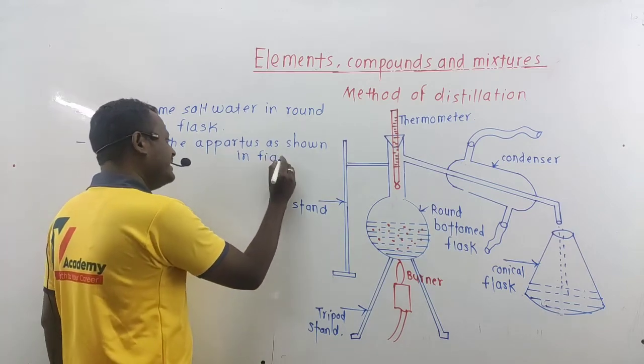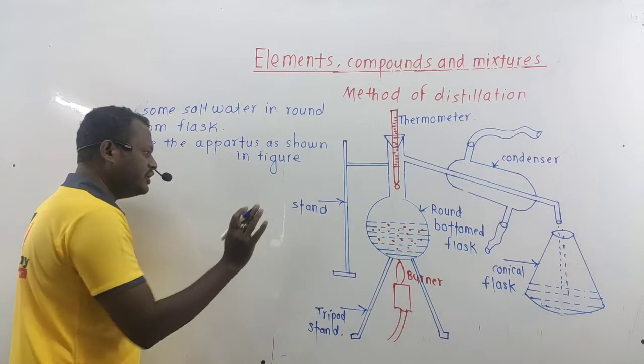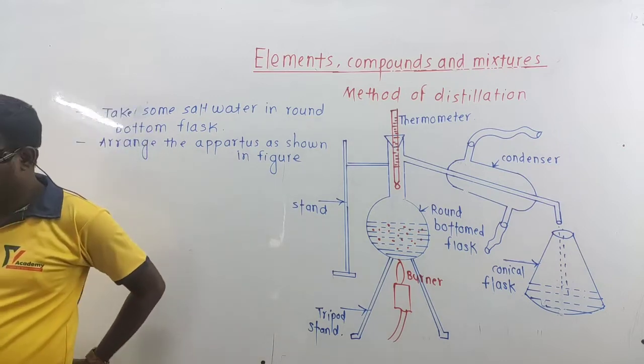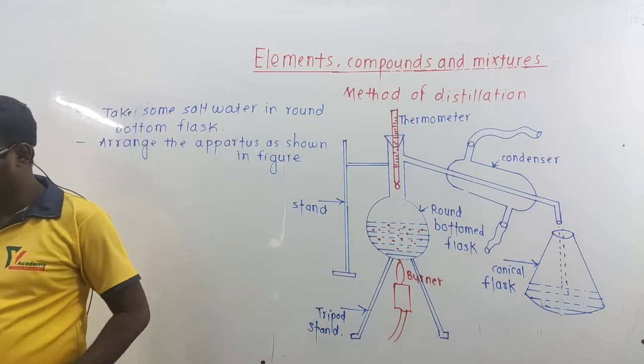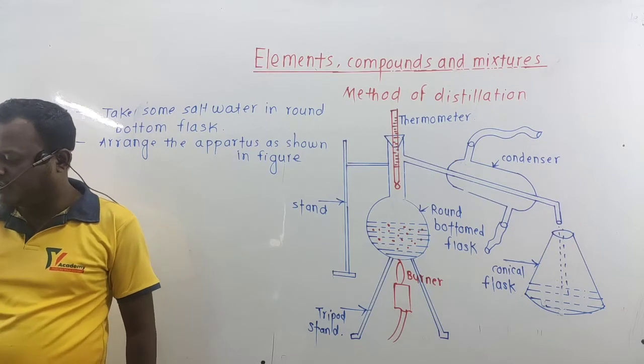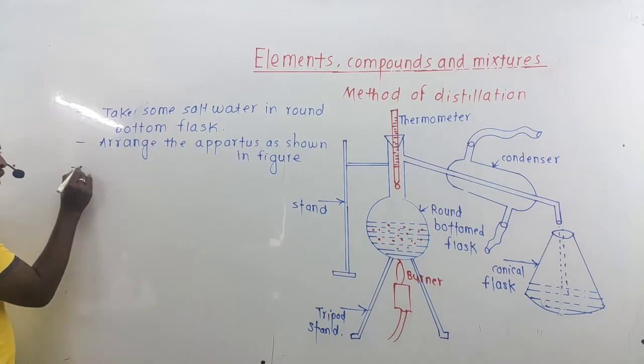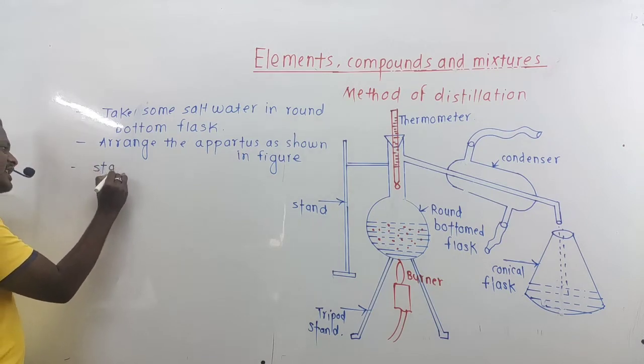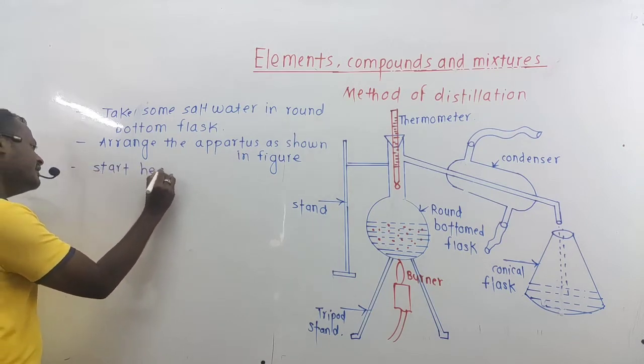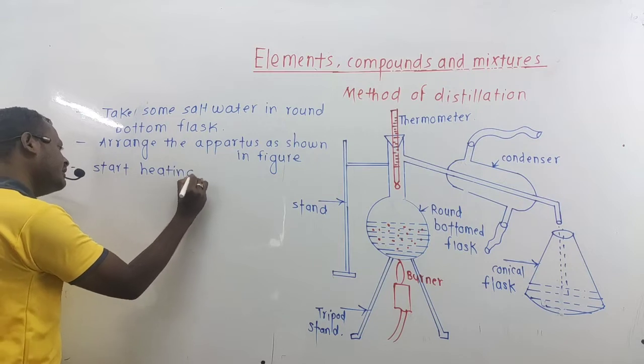So arrange the apparatus as shown in the figure, then start heating the liquid in the flask placed on the wire gauze. Now we have to heat.